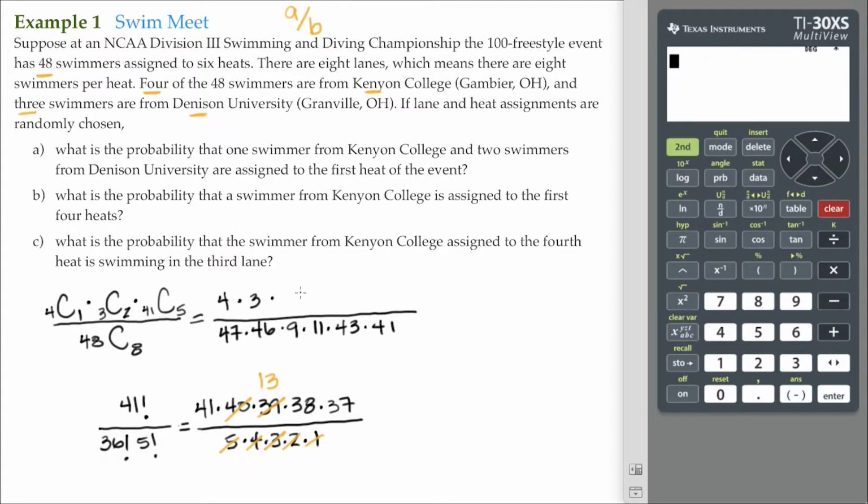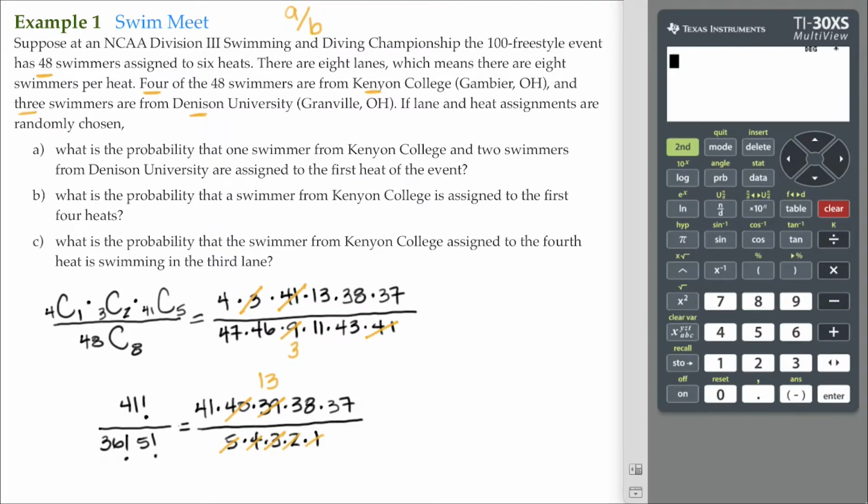So then we have 41 times 13 times 38 times 37. And if we look again, we can see we have 41 here, and we have 41 here. And maybe the best we can do is we can take out 3 here, and this turns into 3.